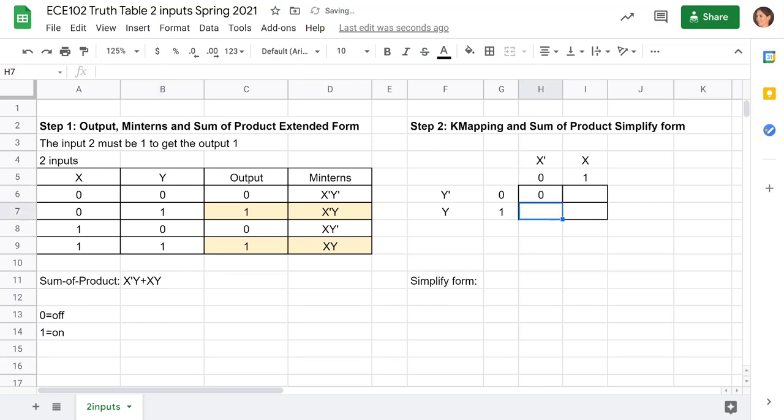Inside, I put my outputs, those from column C. Y prime and X, this one, leads to 0. X prime and Y, this one, leads to 1. And X and Y, this minterm, 1, 1, leads to 1. Okay, so that's the K-map table.